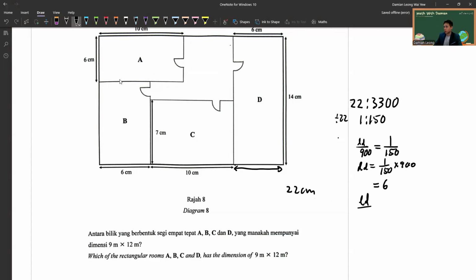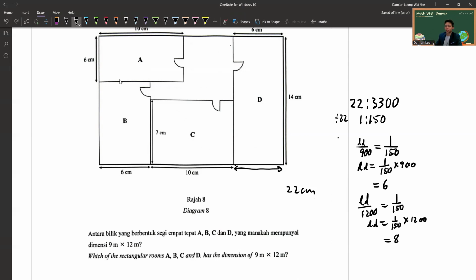The other one, drawing length over 1,200 equals 1 over 150, so the drawing length is 1 over 150 times 1,200, which is 8. So I want the room that is 6 cm by 8 cm.